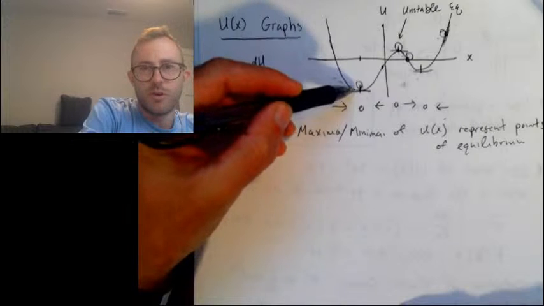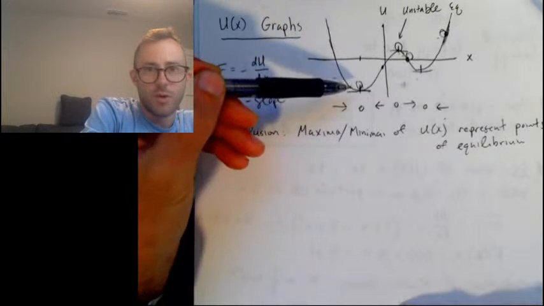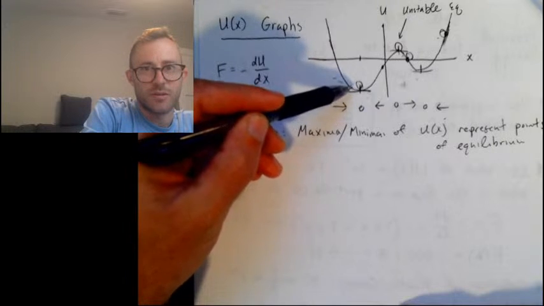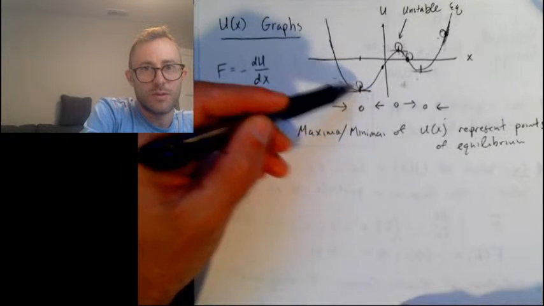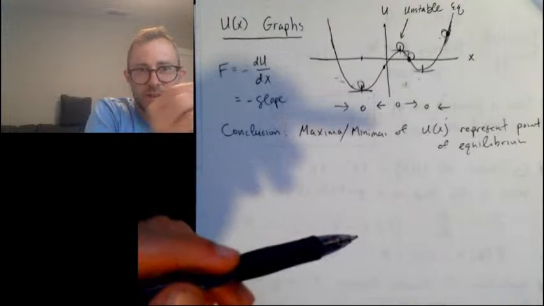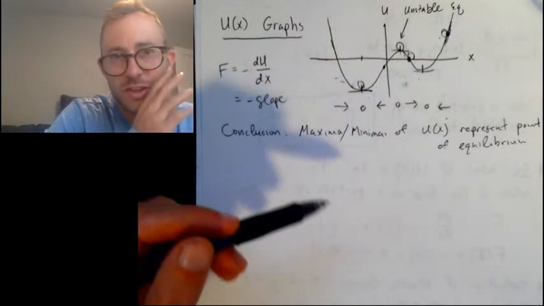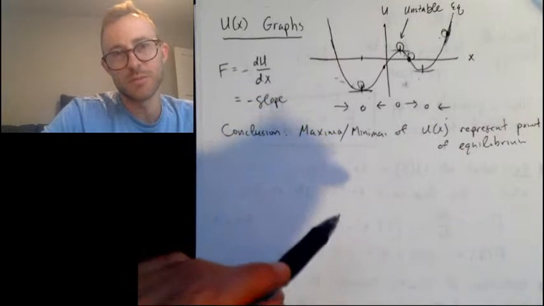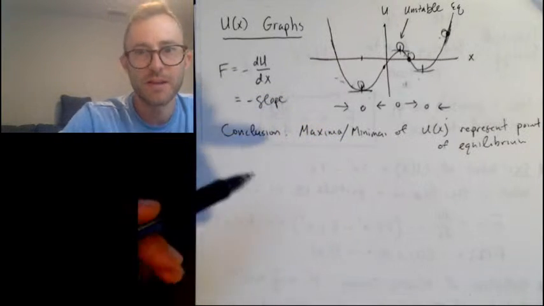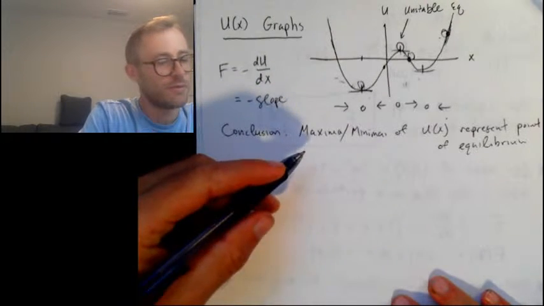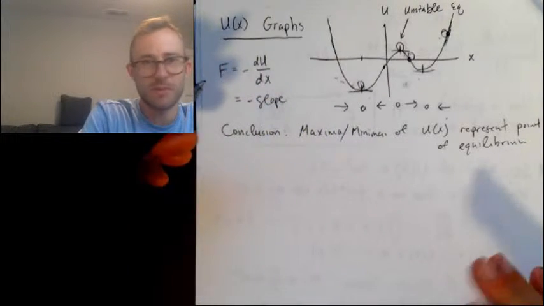However, if we put the ball right here and we poked it, boop, it's going to stay close. It's going to oscillate. It's going to execute simple harmonic motion about the equilibrium. Okay? So basically you have stable and unstable equilibria.